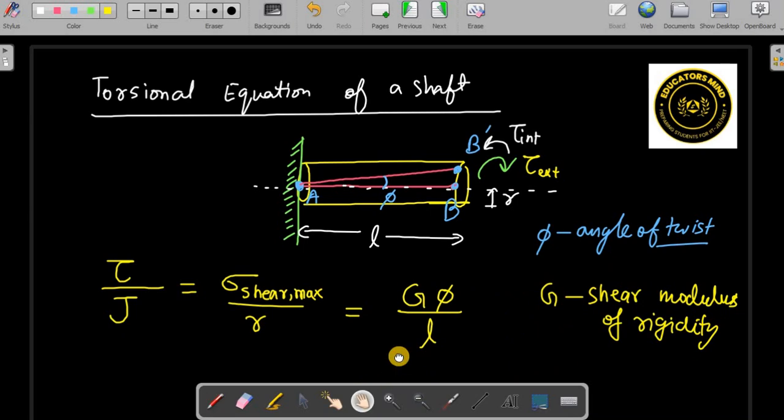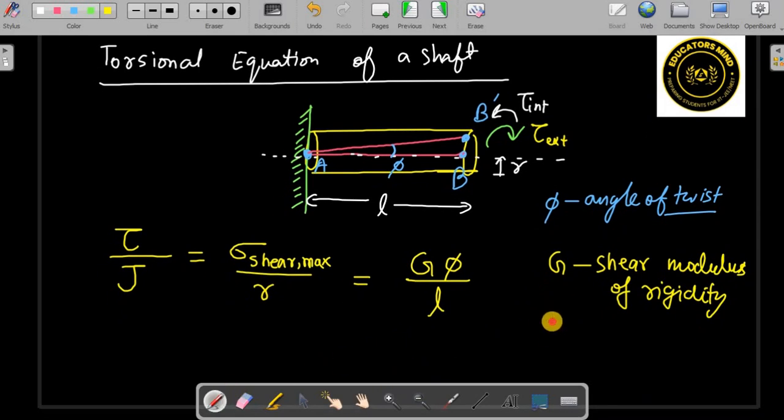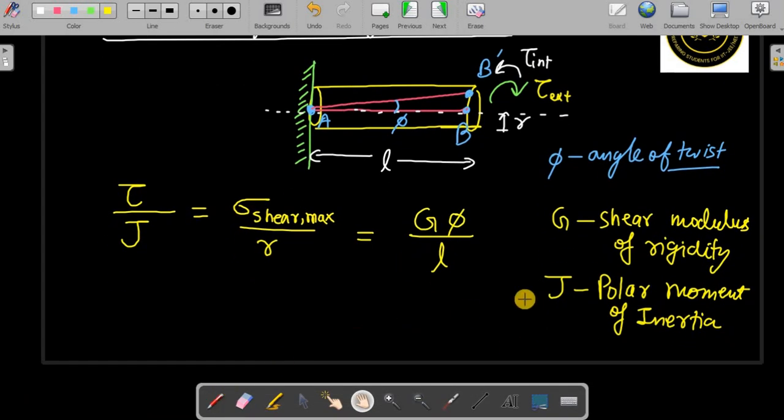What are the confusing terms that I am explaining here? Like what is J here? J is called polar moment of inertia. What is polar moment of inertia? You don't have to go into detail right now, but you can note that this polar moment of inertia for a circular cross section is pi by 2 into r power 4.